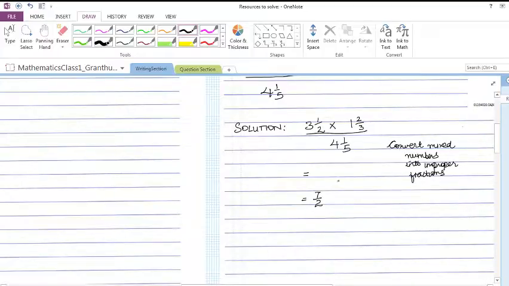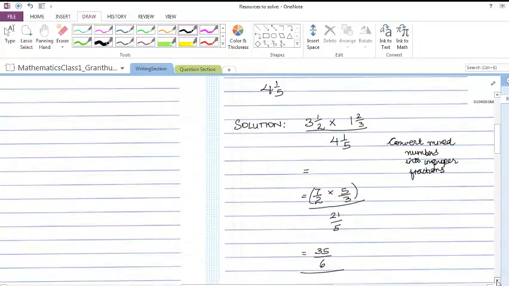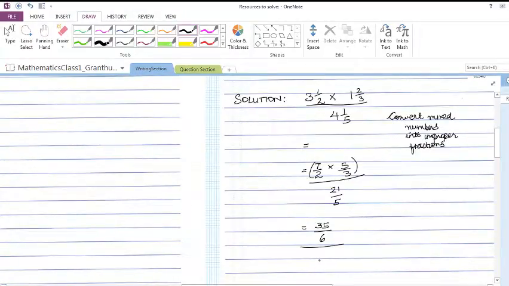So that's a step. 3 1s are 3 and 2, 5. 5 4s are 20 and 1, 21. 21 over 5. Well, we can do this multiplication on top here, not a problem. So I'll multiply these two parts on top. 7 5s are 35, that's 35. And 2 3s are 6. So that is now going to be divided by 21 over 5.